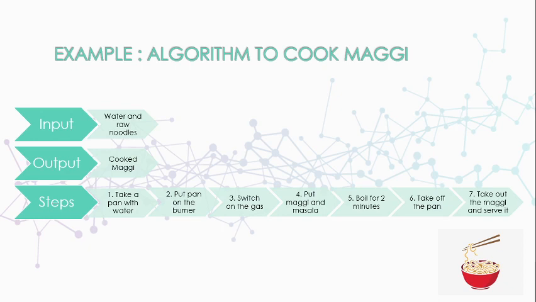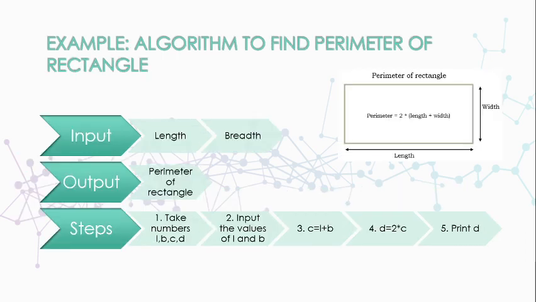Let us look at another example. That is an algorithm to find the perimeter of a rectangle. So we know that perimeter of a rectangle is equal to twice of the length plus breadth.